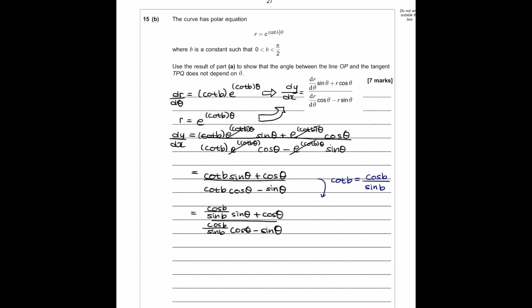Whenever you have two angle terms, for example, in our case we have both theta and b, whenever you see these two angles, it might be a hint to use your trigonometry identity. So from your formula booklet, you have these addition formulas of trigonometry. Now let's try to make our form as close as possible to the equation given in the formula booklet. So let's multiply sine b to both numerator and denominator.